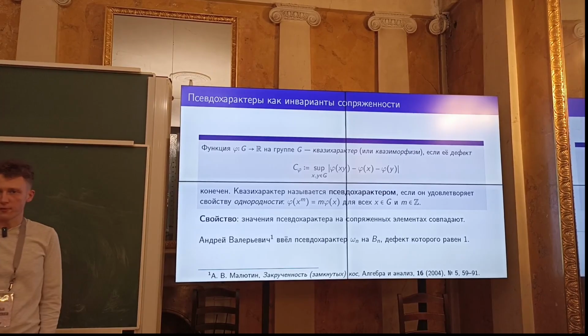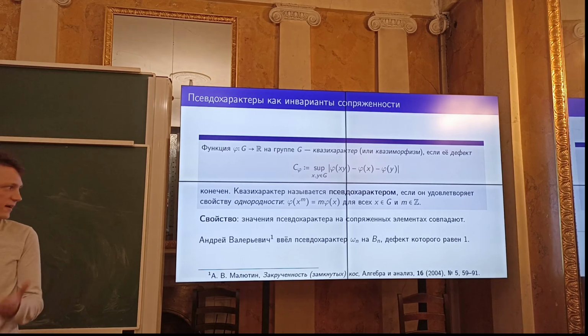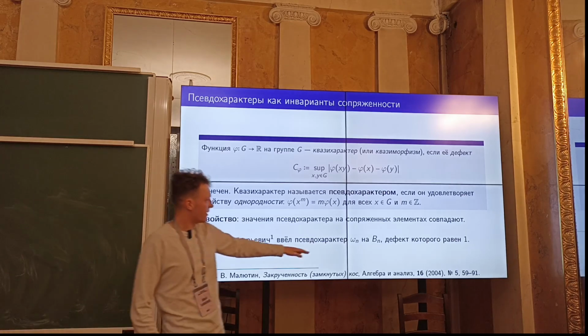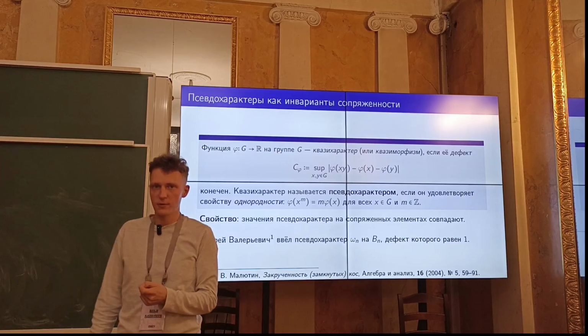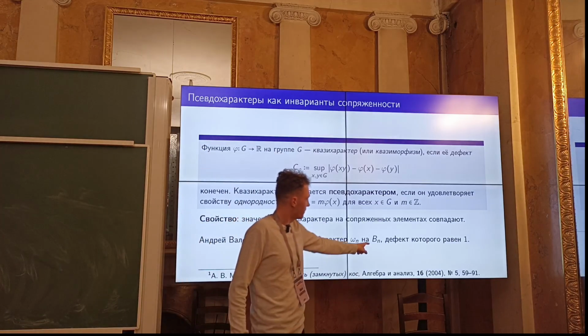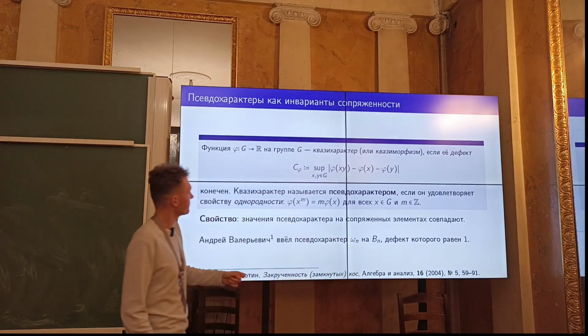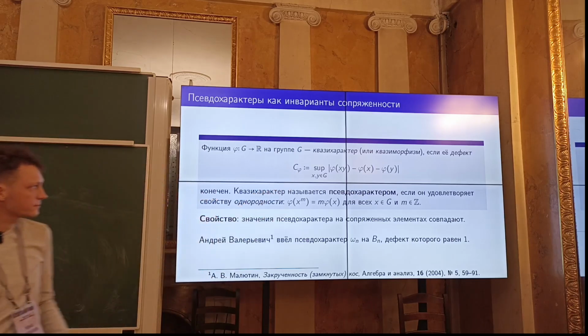So the first example of pseudo-characters dates back to the work of Andrei Malyutin. He defined a pseudo-character omega, which is called the twist number of braids. The defect of the twist number, this constant, is equal to 1, in fact.